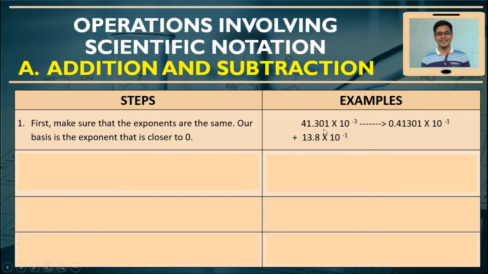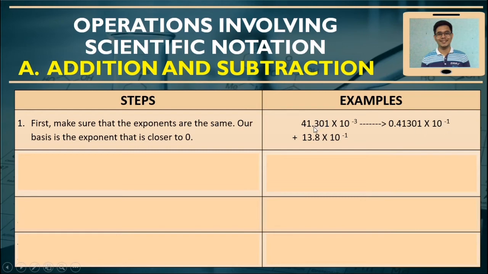So paano yun mangyayari? So kada move mo, 'di ba? Sabi ko dun sa nakaraan natin na discussion, kapag negative yung ating exponent, automatic papuntang left 'yun. So kada move mo ng isa papuntang left, magiging 2 na siya, mababawasan siya ng isa, okay? And then isa pang move, magiging 1 na siya. So ibig sabihin dalawang beses mo siyang i-move papuntang left. Therefore, magiging -1 na yung kanyang exponent. Okay?